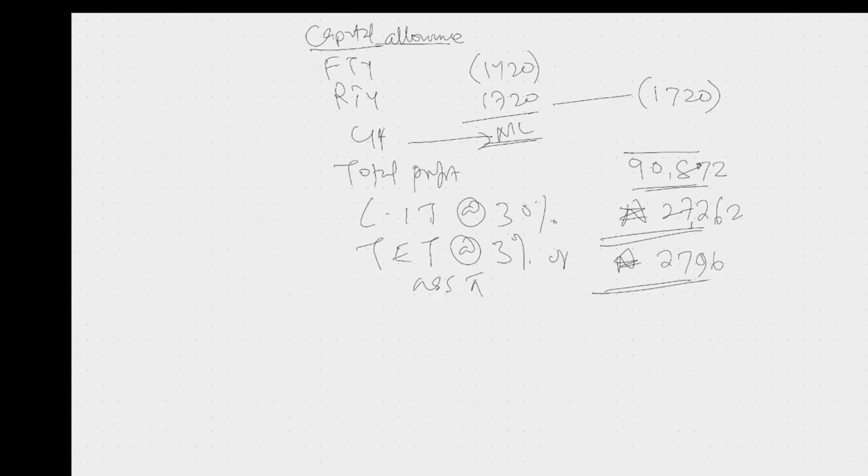Do you have any question for me? Sir, you said tertiary education tax is 3% of assessable profit. Is it of total profit? It's not total profit, though.